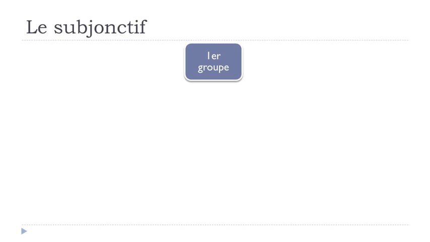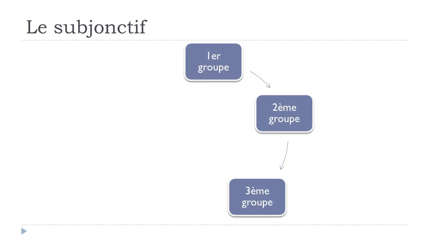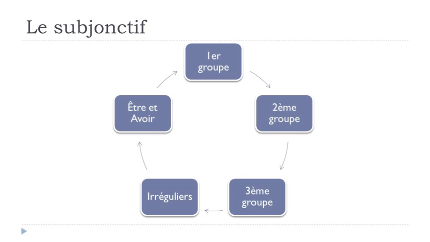So regular groups ending with er. After that, we'll see the second group, regular group verbs ending with ir. Remember, not all the ir verbs, but still. After that, we'll see verbs from the third group. After that, we'll see irregular verbs. And then finally, we'll finish with être and avoir.